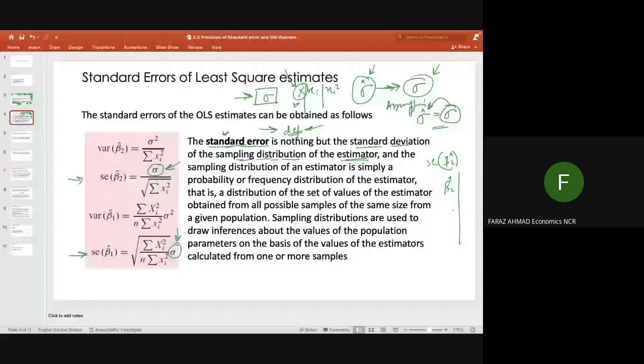So there are some estimators, and beta 2 hat is one of the estimators. If we are talking about standard error of beta 2 hat, then we need to have a sampling distribution of beta 2 hat, and then we can easily calculate the standard deviation of this sampling distribution of beta 2 hat, which is nothing but standard error of beta 2 hat.